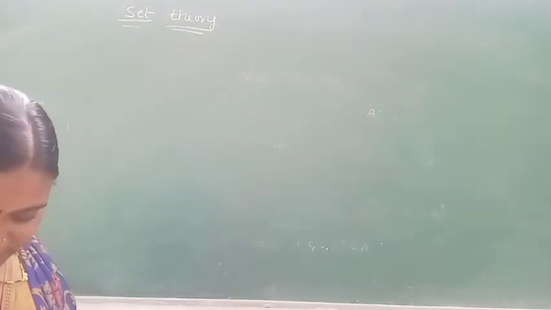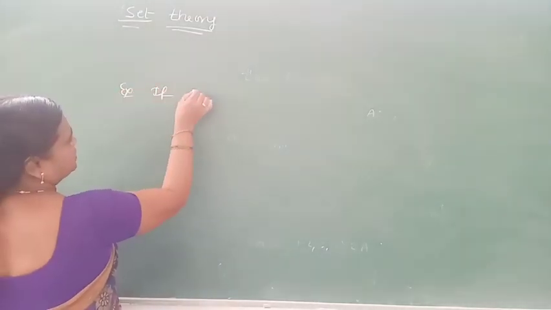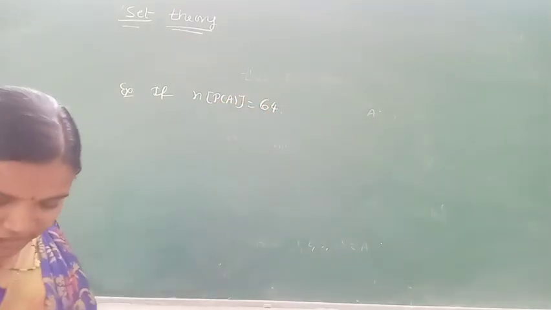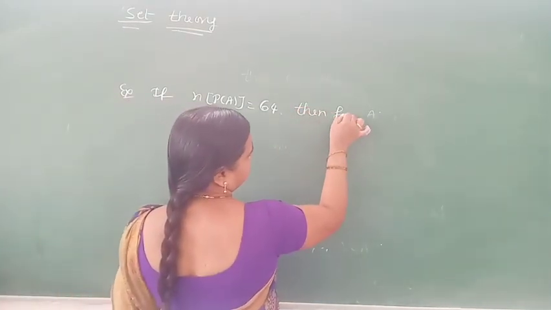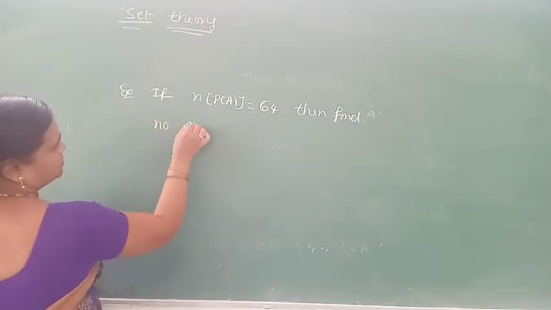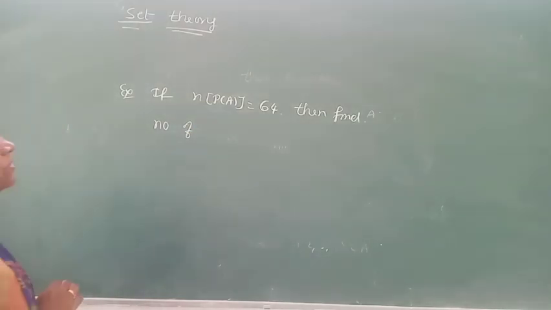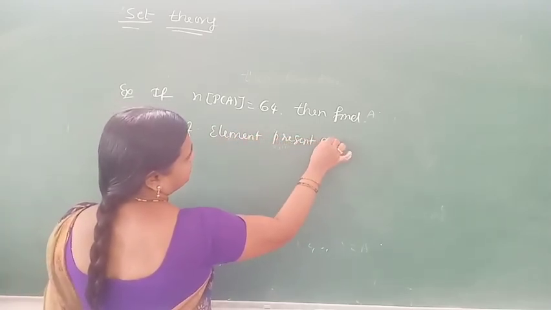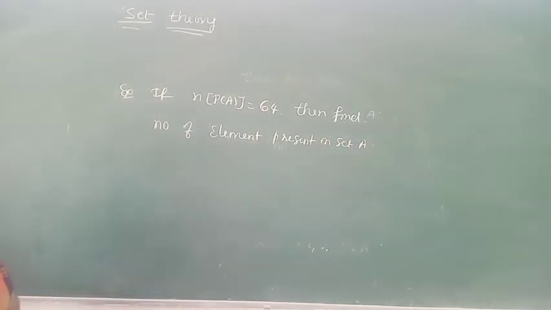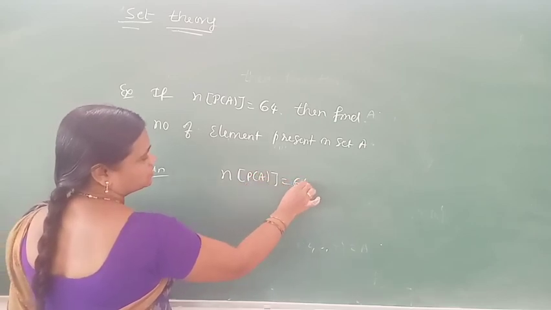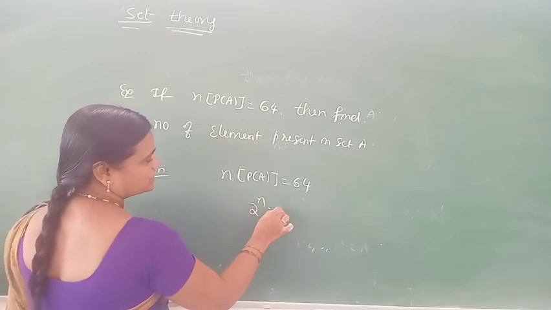Next example is given. If n of P of A, number of elements of power set of A, is given as 64, then find the number of elements present in set A. Okay, given solution. n of P of A is given 64, and this formula is what? 2 to the power n is 64.